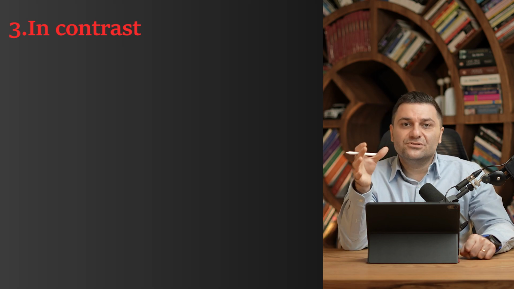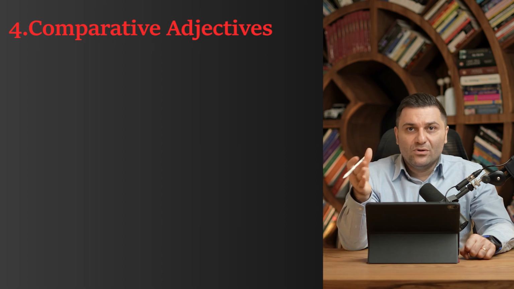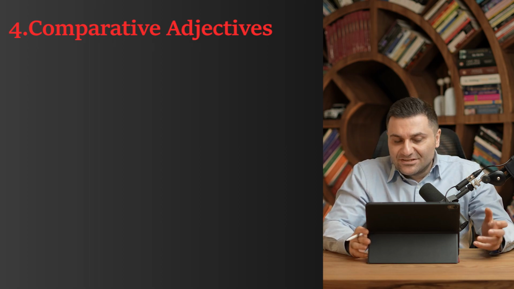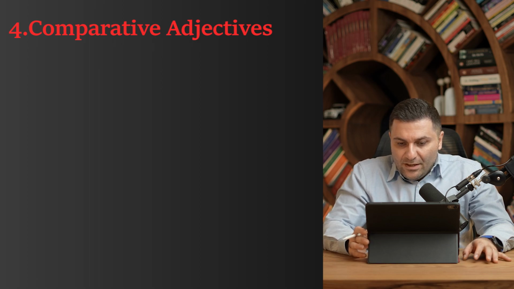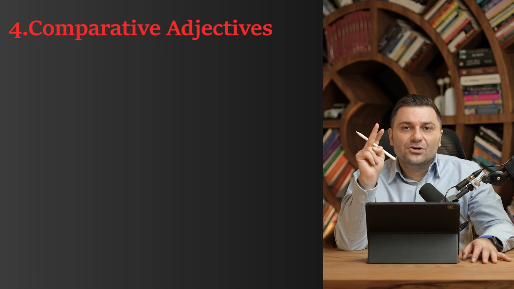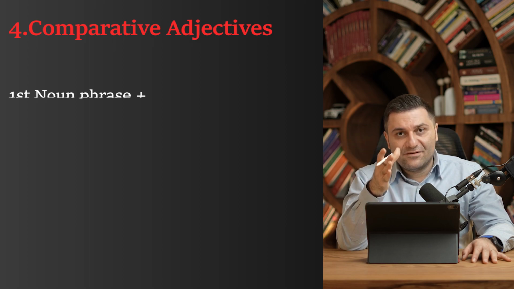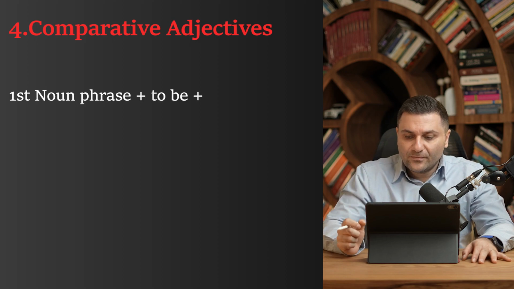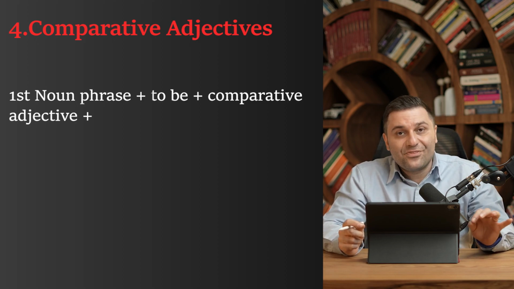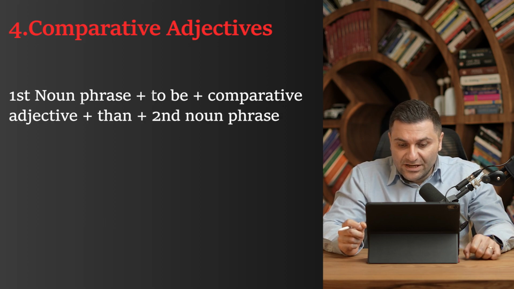All right. Sometimes we can use comparative adjectives like bigger, smaller, faster, more beautiful, more expensive. And there are two structures that we can use with comparative adjectives. The first one is we have our first noun phrase, then to be and a comparative adjective, and after that we'll have our second noun phrase.